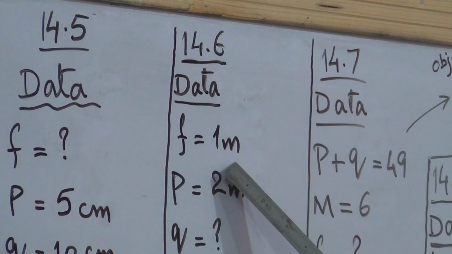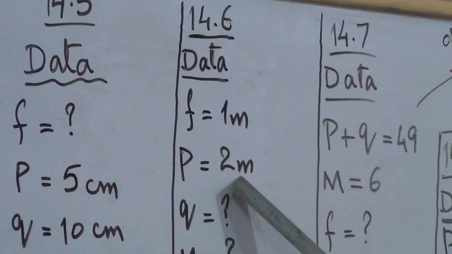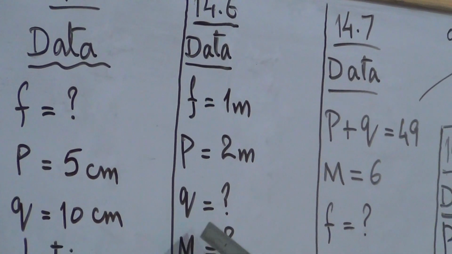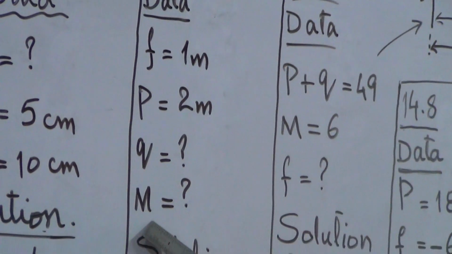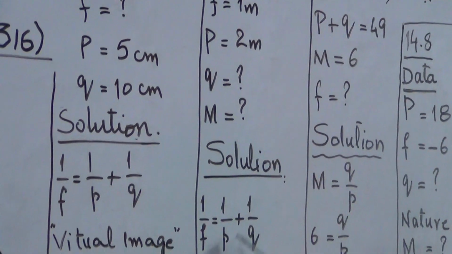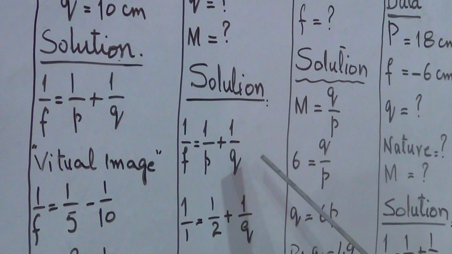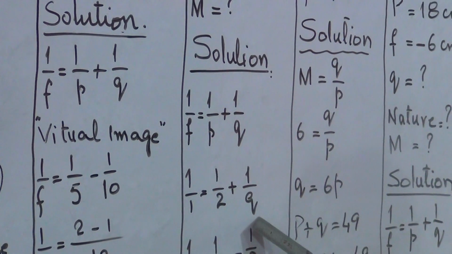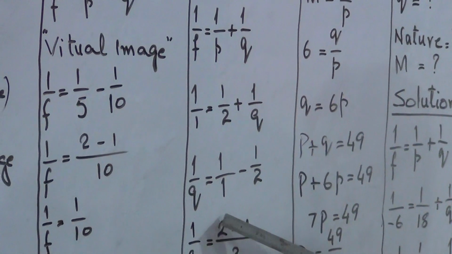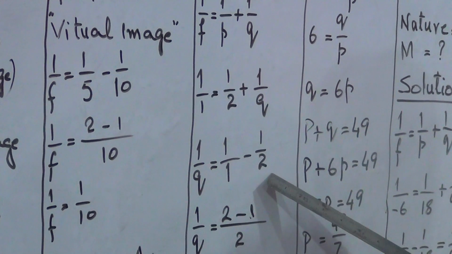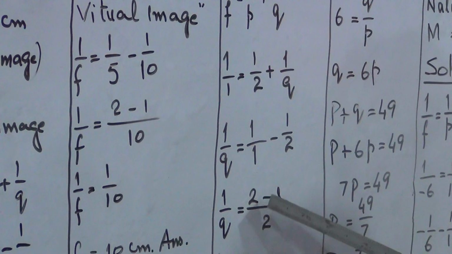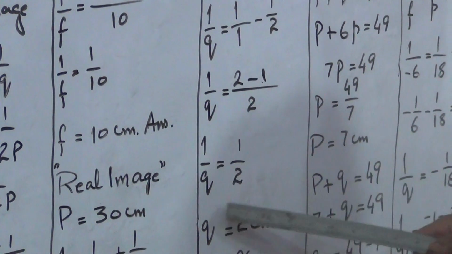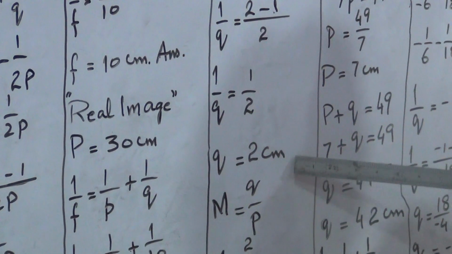So F is equal to 1 meter, P is equal to 2 meter, and you have to find out Q, means distance of the image, and also magnification M. Now 1 upon F is equal to 1 upon P plus 1 upon Q. 1 upon 1 is equal to 1 upon 2 instead of P plus 1 upon Q. Now 1 upon Q is equal to 1 upon 1 minus 1 upon 2. 1 upon Q is equal to 2 minus 1 upon 2, and Q is equal to, by cross multiplication, 2 meter. This is your answer.